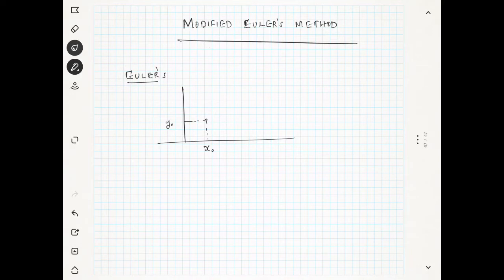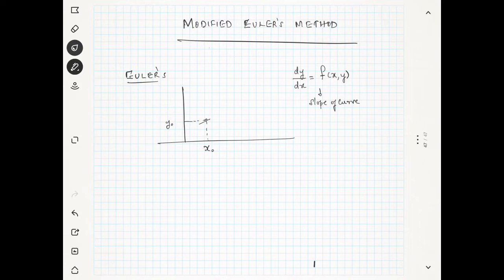According to the differential equation, dy by dx equals f of x comma y, we want to approximate the curve which is passing through this point, and the slope of the curve is nothing but f of x y, because f of x y gives you the slope of the curve. So the slope of the curve passing through the point x naught y naught will be f of x naught y naught.